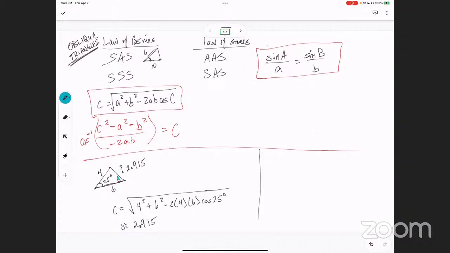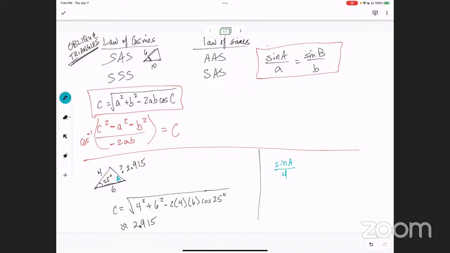So the sine of A all over 4. Why did I choose 4? Because that is the side across from it. Yep. Got it?